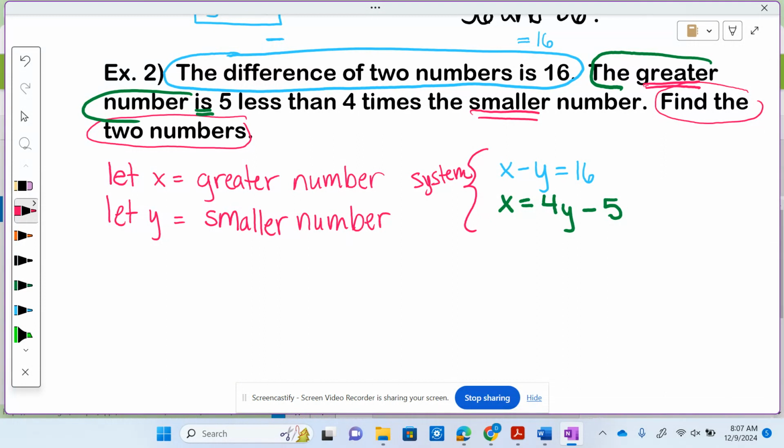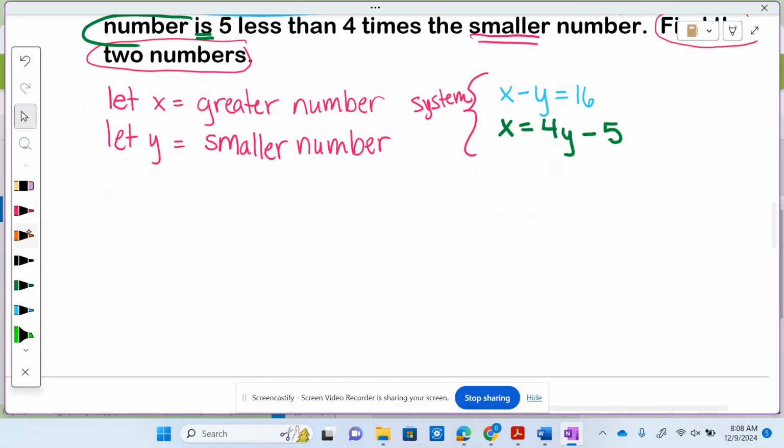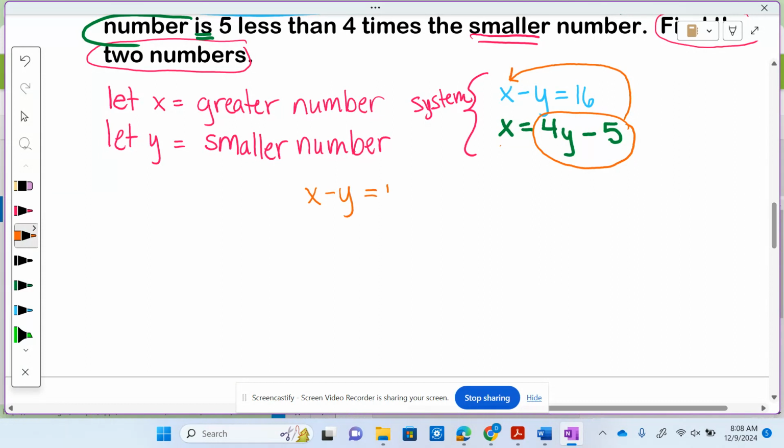What method do you think we should use to solve for this one? Yeah, I think that we should use substitution because we already have a variable term isolated. So we already know that x is 4y minus 5. So I'm going to take this 4y minus 5 and replace it in the first equation. So x minus y equals 16.